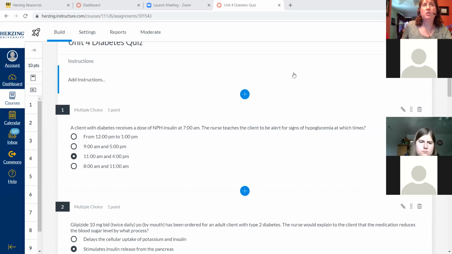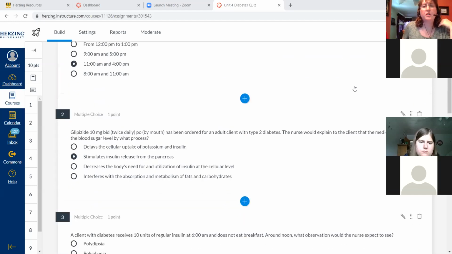When we learned about those times, you look at the peak time, and that's when you would want to be more aware of hypoglycemia. Remember, this is intermediate acting insulin, so it's something like 4 to 10 hours for that peak time. That's why it would be between 11 and 4.